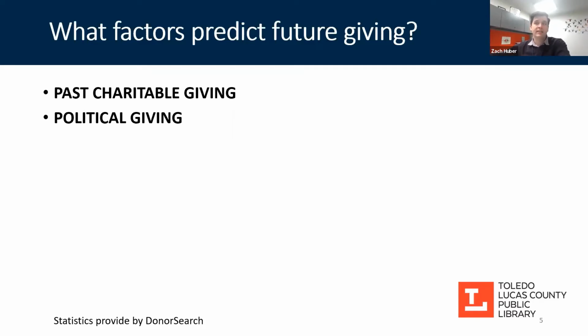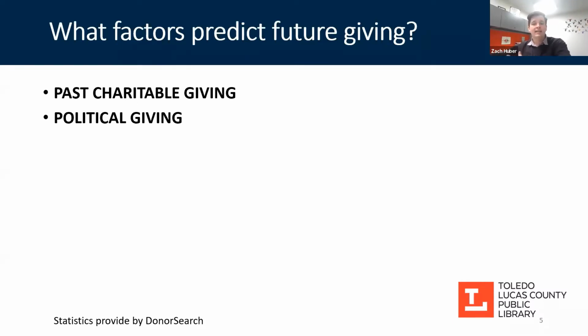So if they've given to a political campaign, then they are at a certain wealth level usually, or willing to give. An individual that's given $2,500 in his or her lifetime to a political campaign is 14 times more likely to give a philanthropic donation. And it keeps going down from there.